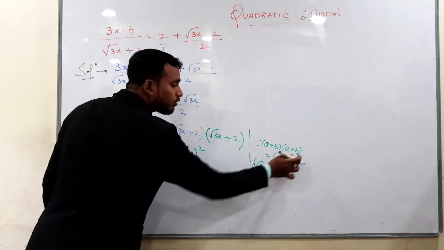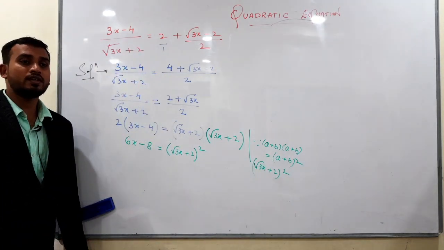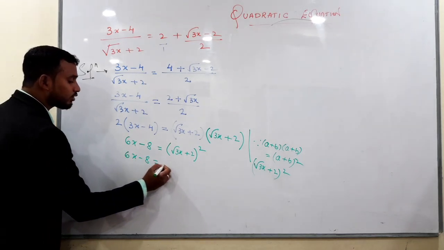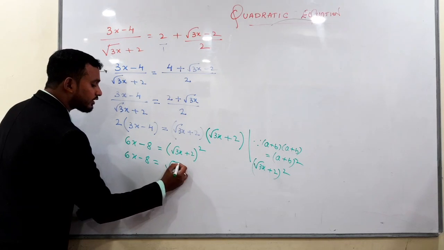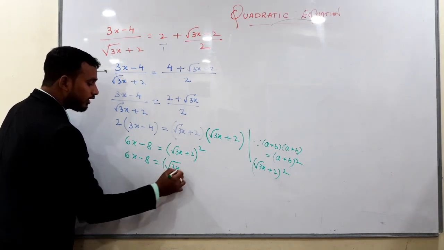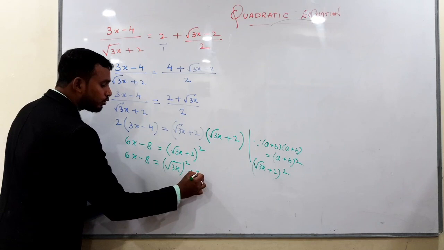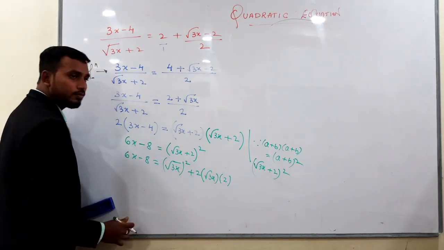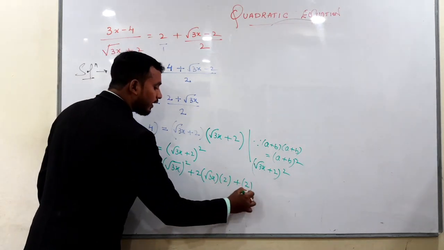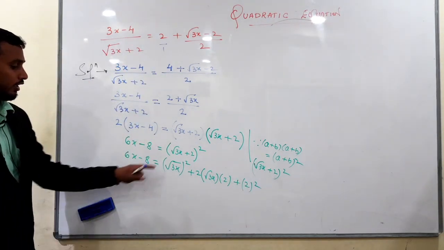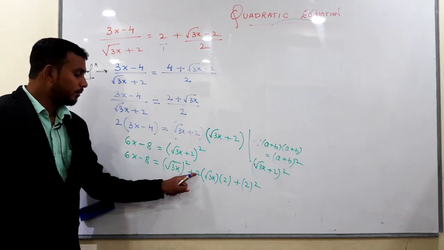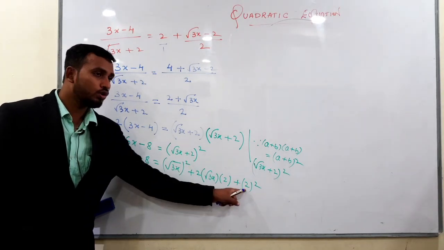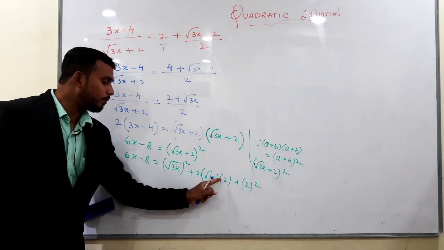So what is (a plus b) whole square? a square plus 2ab plus b square, that is 6x minus 8 is equal to a square, that is root 3x, this complete term under root, a square plus 2 into a into b plus b square. Understood? a means root 3x, a square plus 2 into a means root 3x, b means 2, plus b means 2 square. a square plus 2ab plus b square.